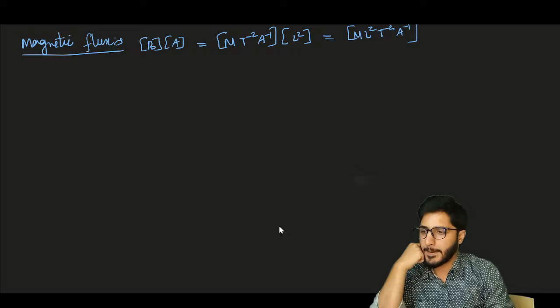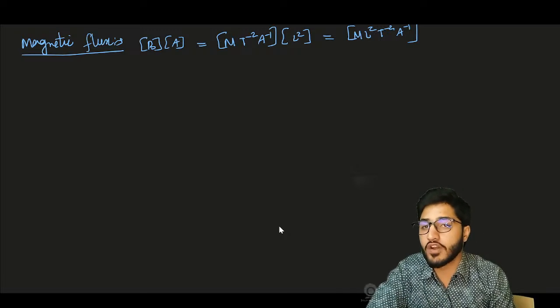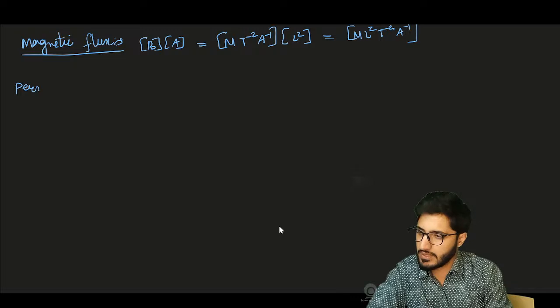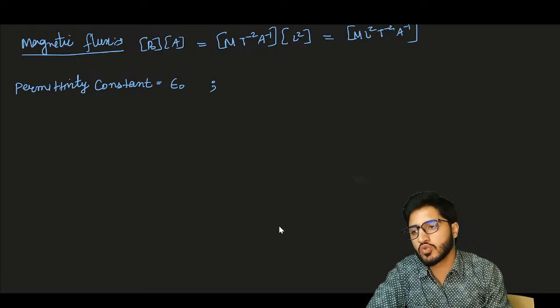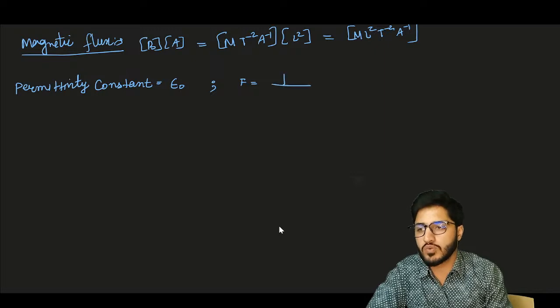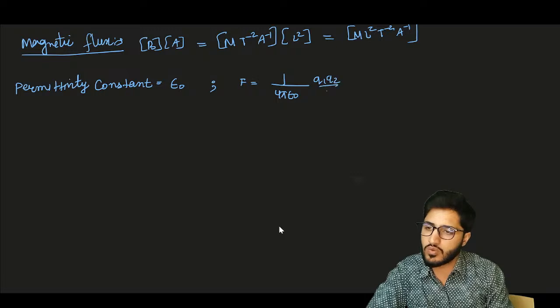Now we are having permittivity constant, that is epsilon naught. Coulomb law is F equals 1 by 4 pi epsilon naught Q1 Q2 by R square. So I can write epsilon naught equals 1 divided by 4 pi F, charge square divided by R square.